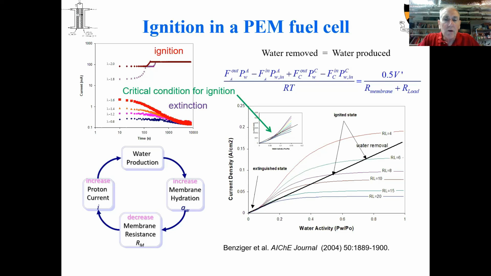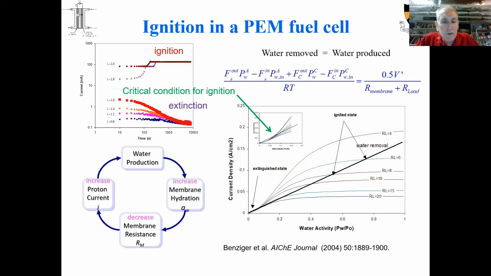If we're above a critical amount of water, then the feedback loop causes the membrane to become hydrated and the reaction takes off. And so you end up, in this case, seeing we have 3 steady states, just as you would have in a flame. We have an ignited state at high water activity.